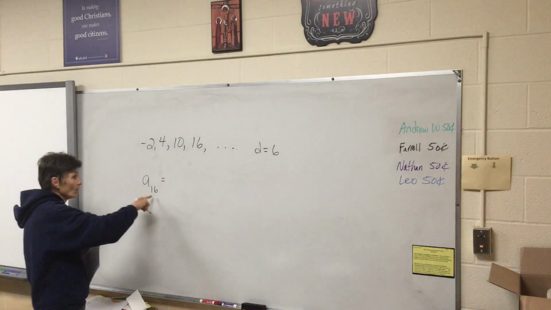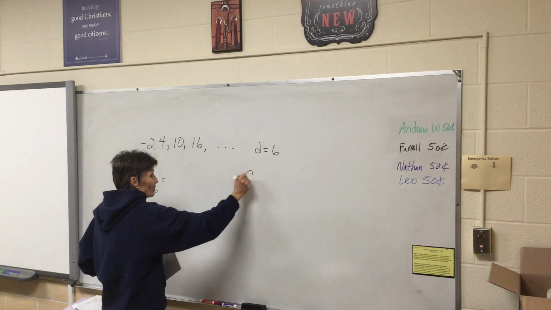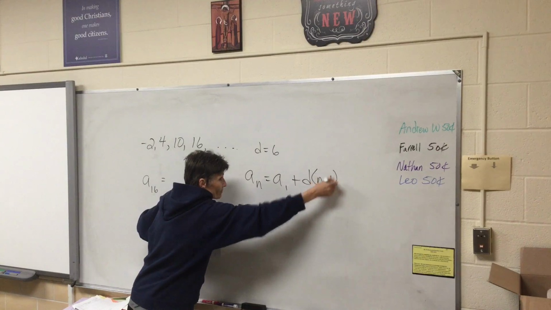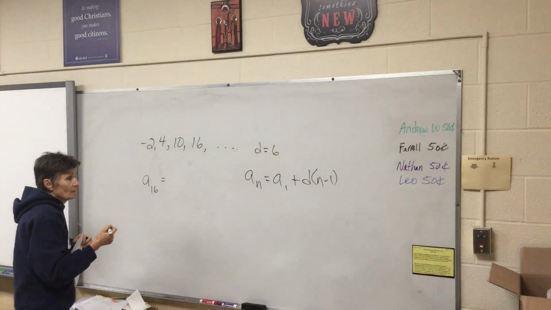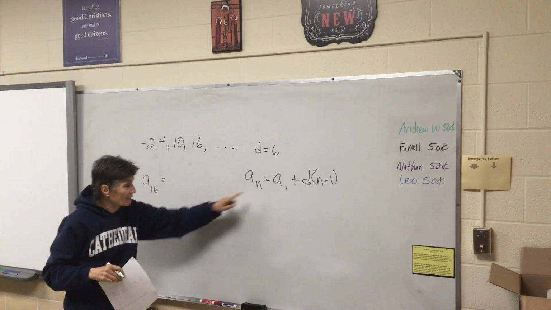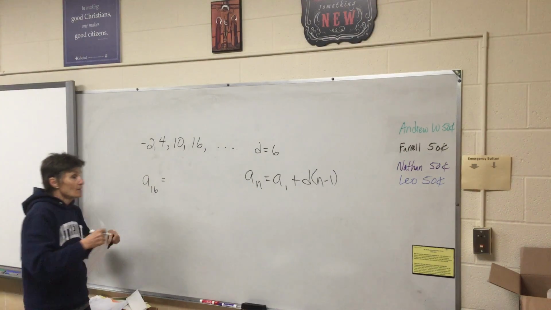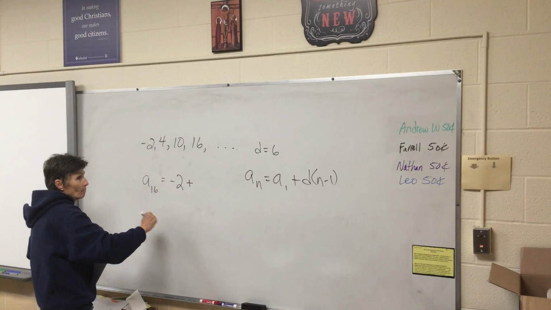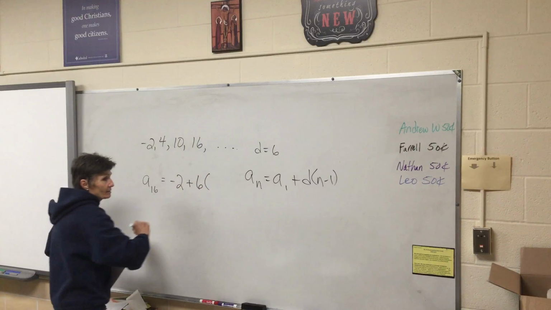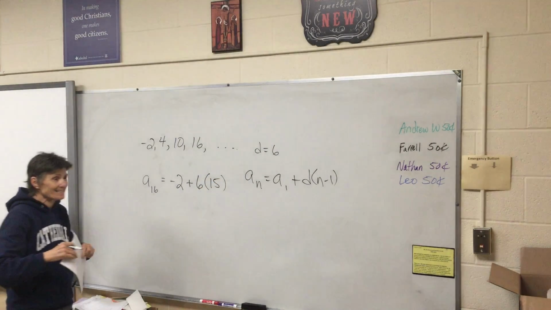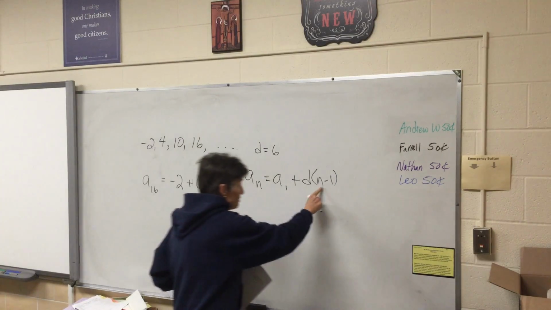Now, we have a formula for arithmetic. The very first formula we learned or talked about right here. So we want the 16th term. We want a sub 16. So that will be the first term plus the common difference times n minus 1, or 15. 16 minus 1.